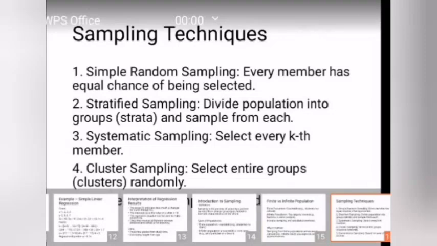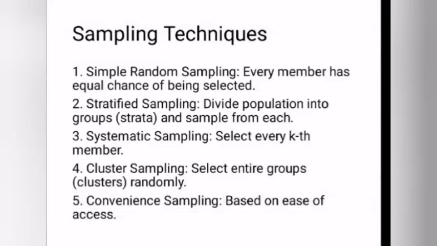So we have different sampling techniques. We have simple random sampling, stratified sampling, systematic sampling, cluster sampling, and convenience sampling. In simple random sampling, every member has an equal chance of being selected. This is mainly done when there is a finite population, a small number of people that you can count.